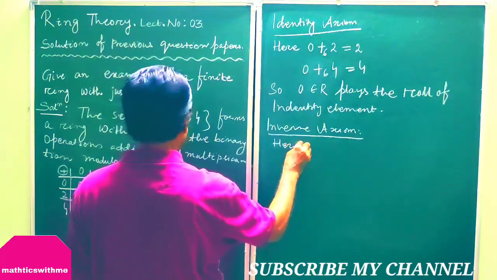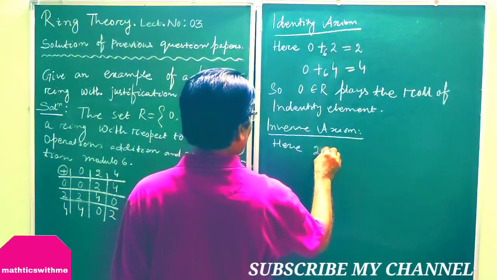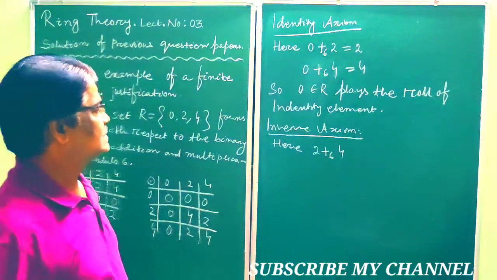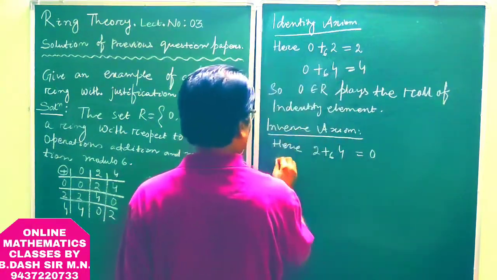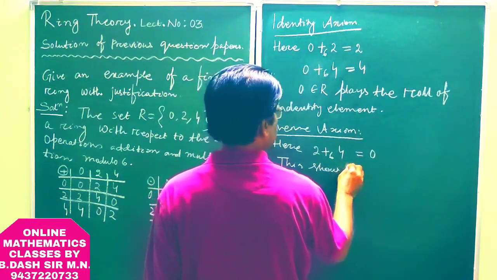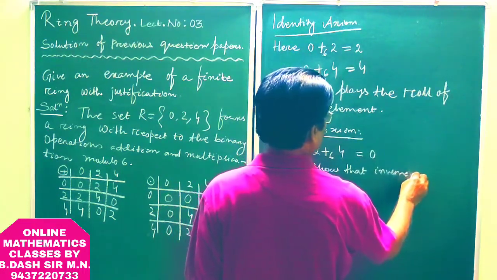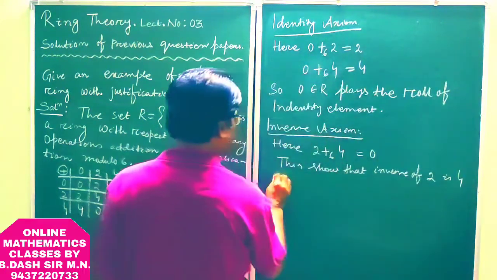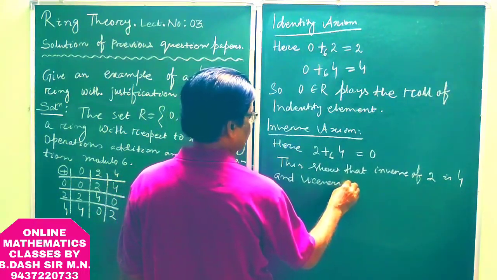Here, 2 plus 4 under addition modulo 6 is equal to 0. This shows that the inverse of 2 is 4 and vice versa.